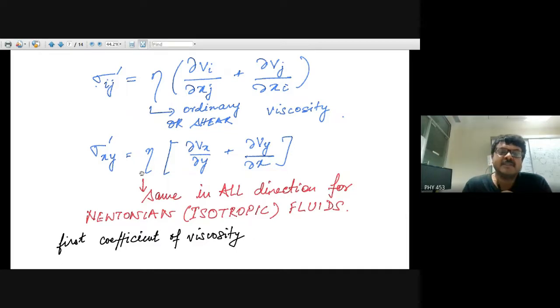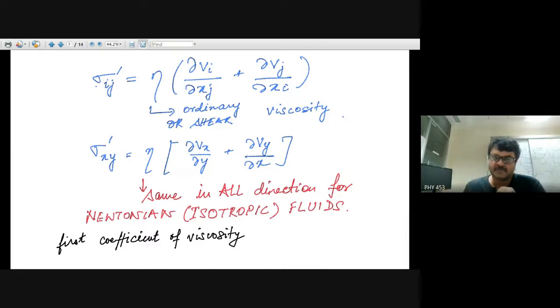Right? Now, this quantity eta, for complicated cases like nematics and so on, depends on flow in different directions. If you have rod-like molecules, the entire fluid made up of rod-like molecules pointing in the same direction, then the flow properties in the direction of the axis of the rod will be different from the flow properties in the direction perpendicular to the axis of the rods.